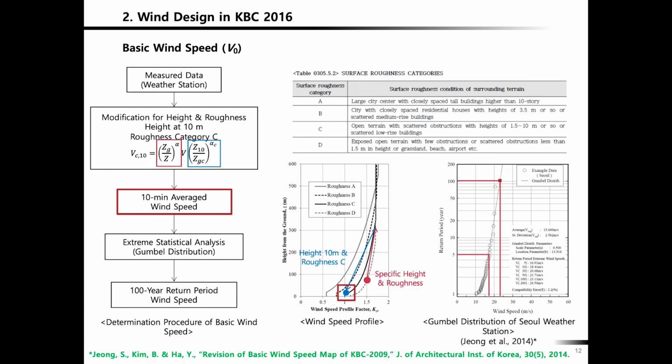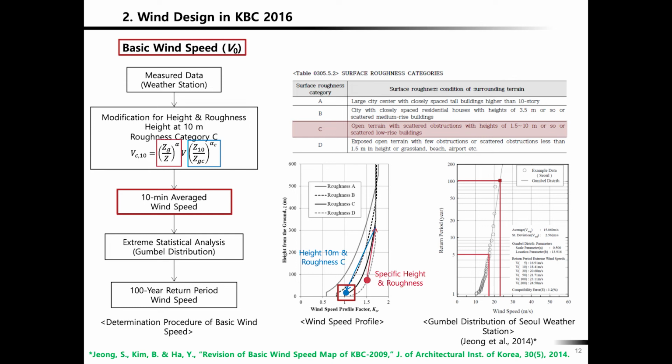But that is measured only for a short duration, and you want to calculate the wind speed assuming a 100-year return period. That is on the map. So this is already determined by the experts. Basic wind speed at a specific site is available. Okay, what is a roughness category?